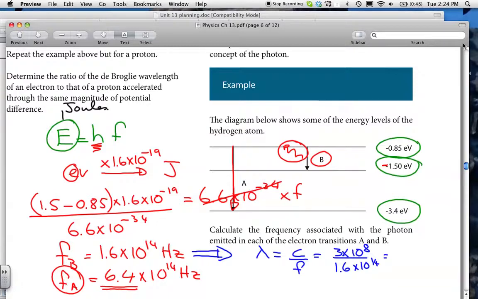If I work that out, it comes to about 190 nanometers, or 190 times 10 to the negative 9 meters. It's pretty straightforward, very easy algebra. It shouldn't be any problem for anyone. Thank you very much.